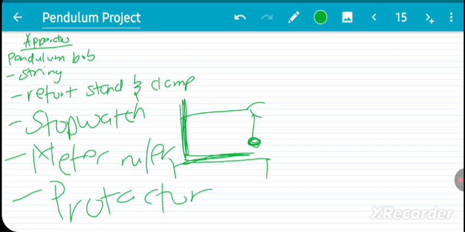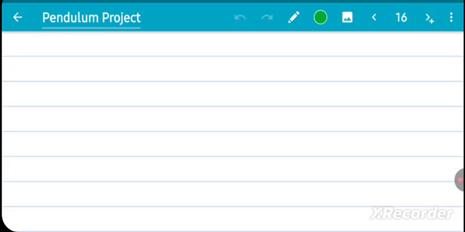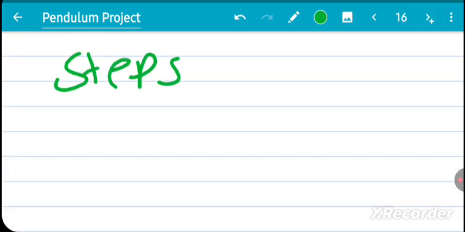So the pendulum bob, the string, the retort stand, this whole setup here, the stopwatch, the meter ruler because of the length, and the protractor to measure the angular displacement of your pendulum. And then up next, I think you're going to talk about the steps, so they're going to give you those at school. That's all.